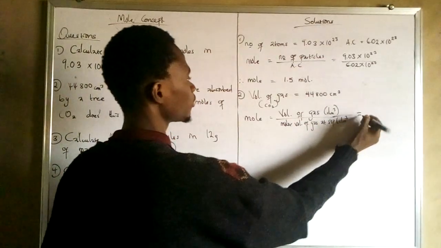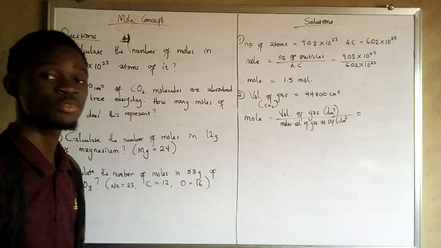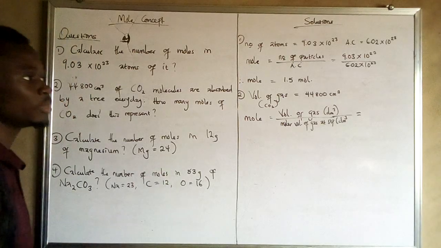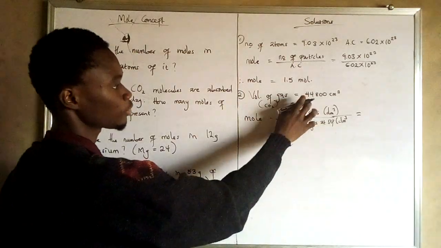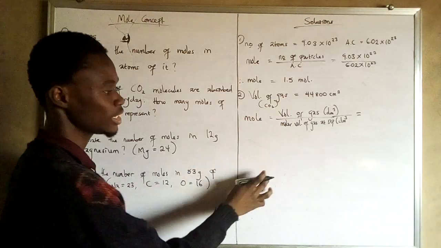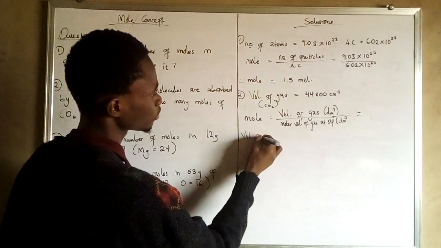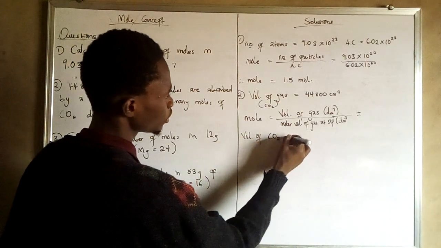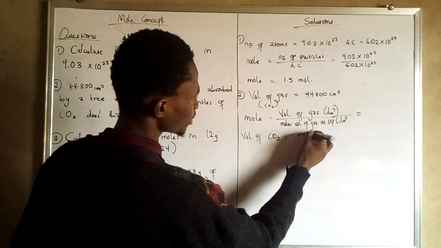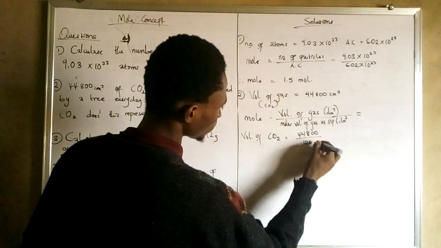What's the value of the volume of gas? That's 44,800. Here we cannot use 44,800 directly. We have to make a conversion. Converting from 44,800 centimeter cube, we have to convert it to a value in dm3. How do we do that? So we say volume of CO2 is equal to 44,800 over 1,000.